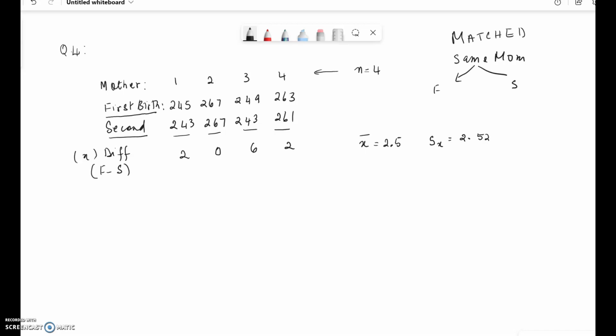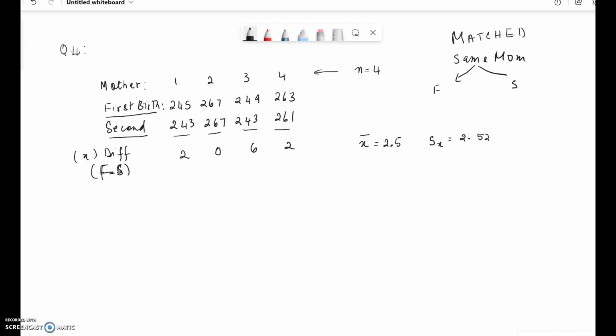Okay, so when it's matched pair, we have to create a third row or column depending on how it is, and that would be the difference between the gestational times. So we're going to go consistently first birth minus second birth. We are assuming that the second birth is lower.